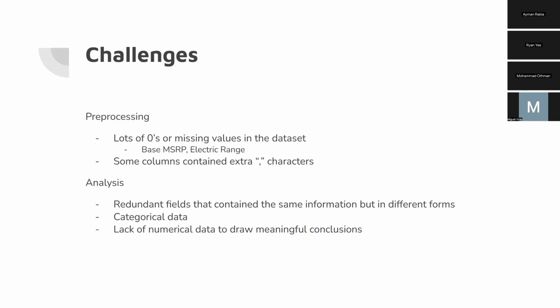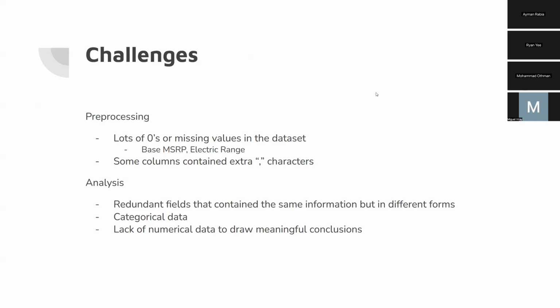And since almost half of them were missing, we couldn't just impute values because they would be really skewed, like with the averages or even medians. So that's why we completely removed base MSRP.